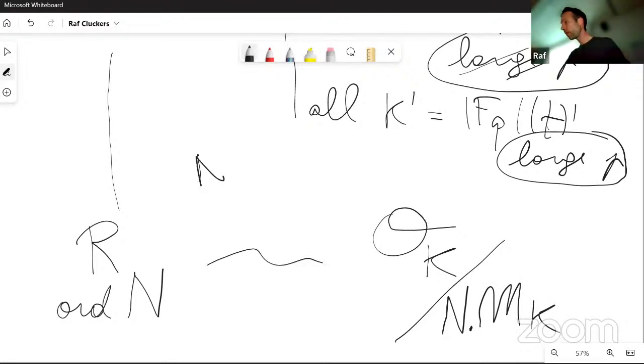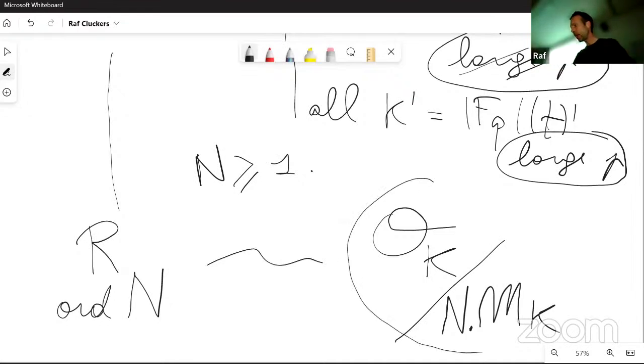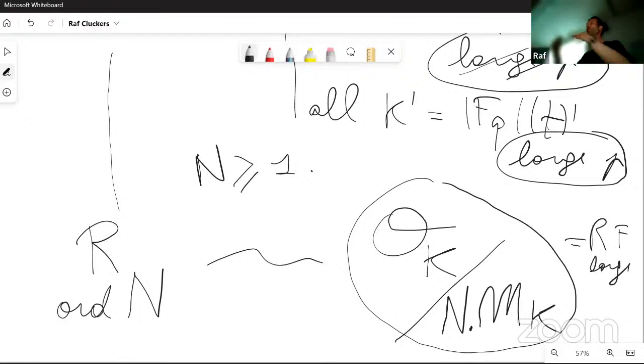So n here is a positive integer. And these residue rings can be huge if the ramification modulo a prime divisor of n is huge. But they are somehow uniform for large p. This becomes the residue field again, so it falls back to the previous system. So this is to cover also the small primes in a uniform way that treats large p and small p at the same time.